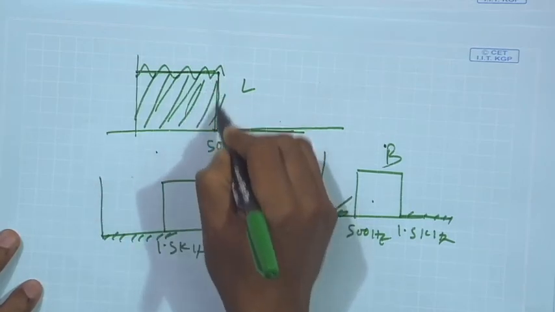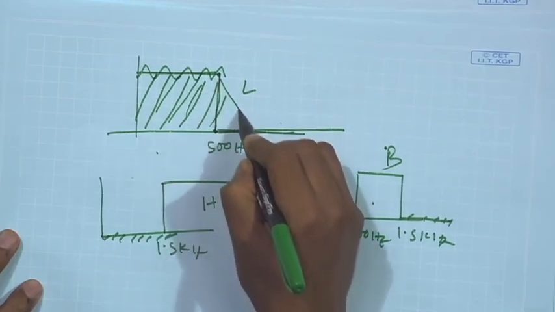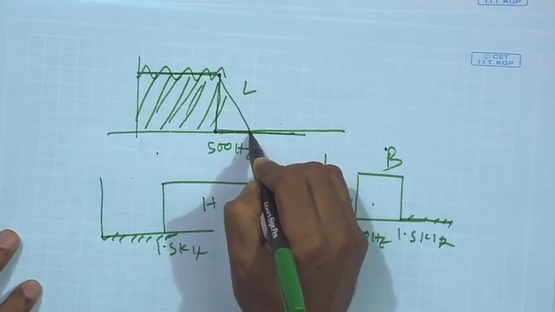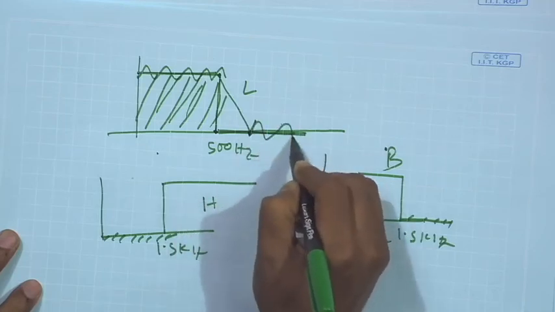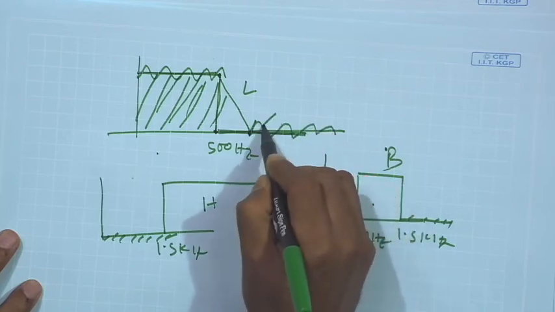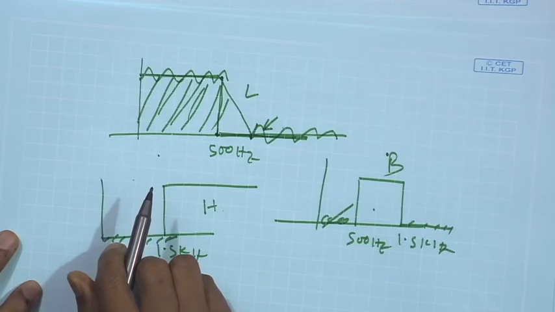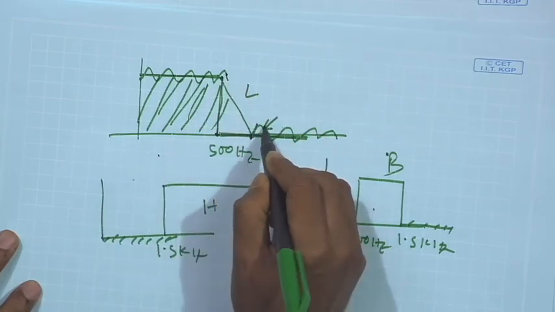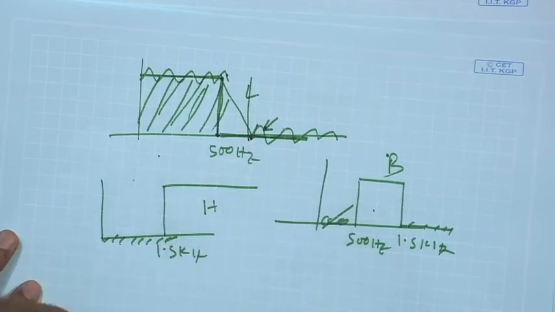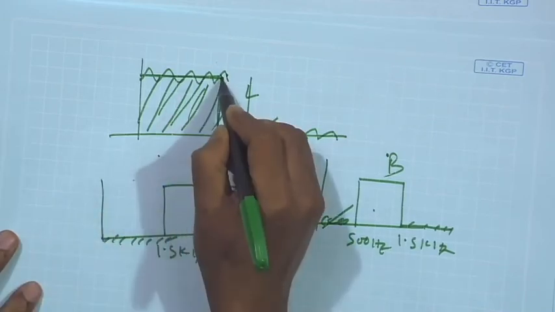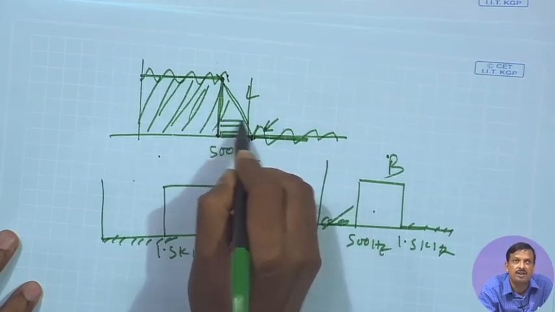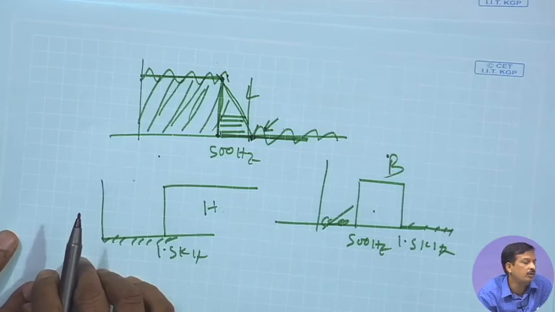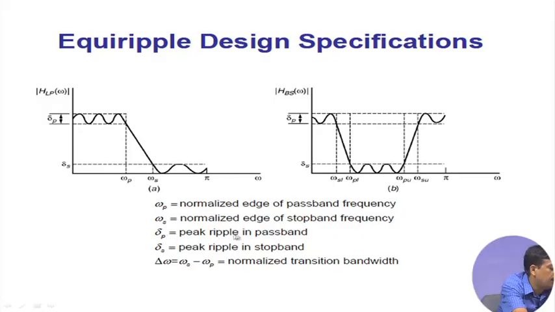Instead of a sharp cutoff I get a transition region, called the transitory response, and after that instead of 0 I can get some signal here also, which is called stop band ripple. So: pass band ripple, stop band ripple, and filter transition bandwidth. Where the amplitude goes from 1 to 0 is the transition, and that frequency range is called the transition bandwidth. You can say normalized peak ripple in the pass band, peak ripple in the stop band, and normalized transition bandwidth.